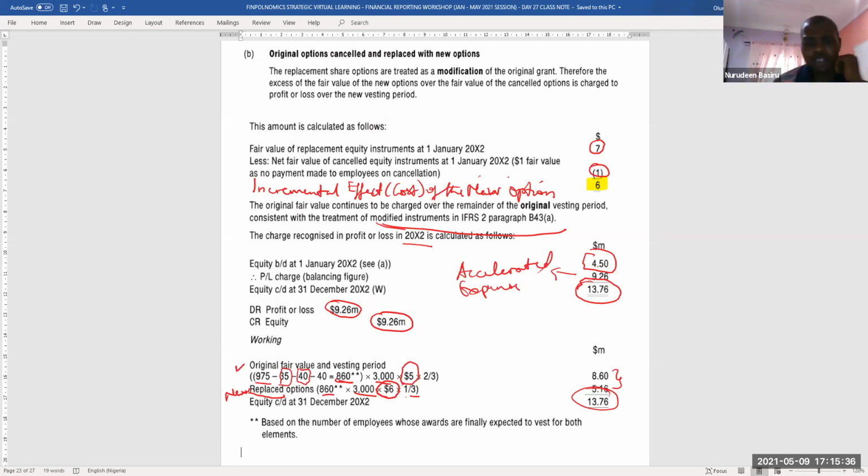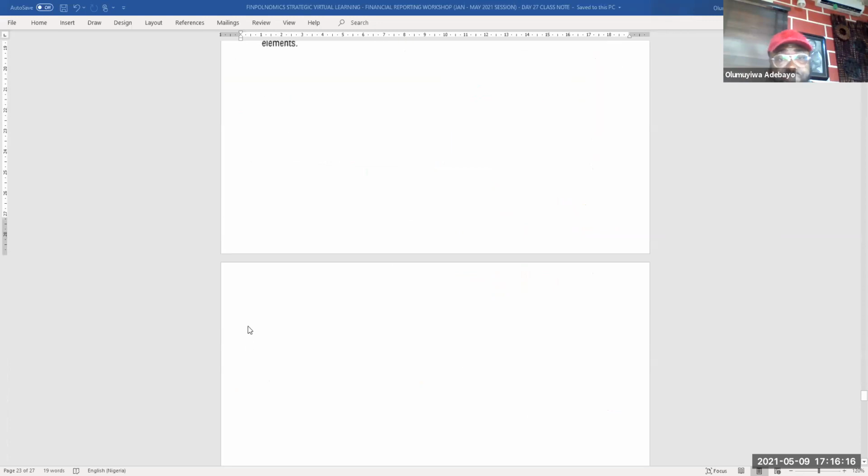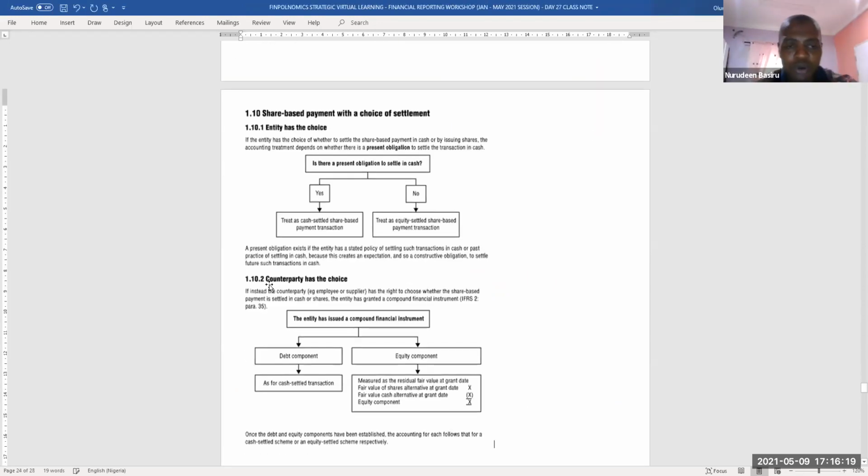Okay. I am looking at it from another perspective. If, for example, the share price of an entity, maybe the original option price is 15 naira per share, and it crashed to say 8 naira per share. And by the time they repriced, they priced downward to like 5 naira per share. What will be the interpretation of that? Repeat your statement. What I'm saying is that, for example, the original option price is 15 naira per share.